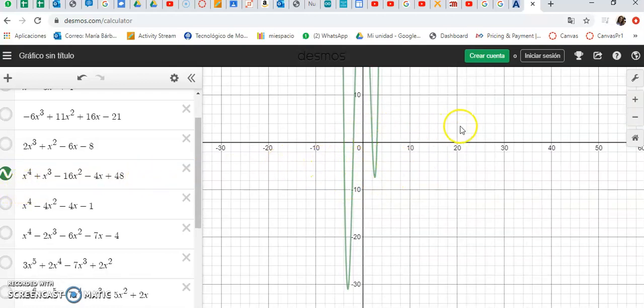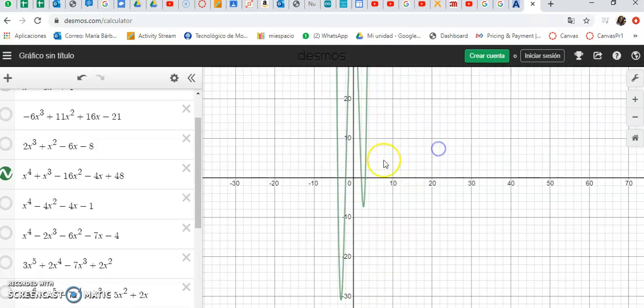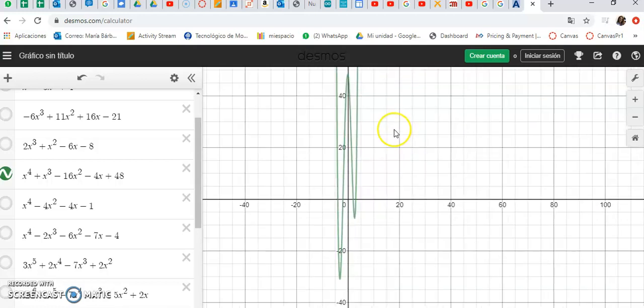Look, it is the behavior. I'm going to make it smaller so you can see it better. The behavior is, here you have it. Good. It is the green one, okay? The behavior is raising to the left. Look, why? Because the degree is an even number, okay?